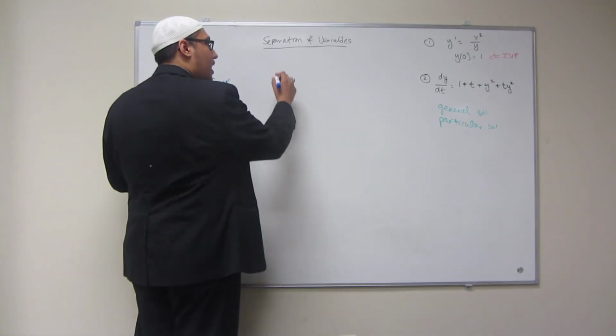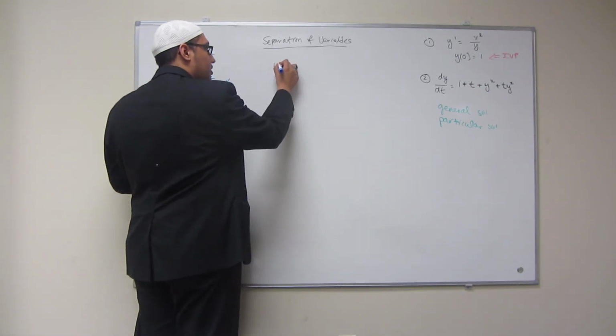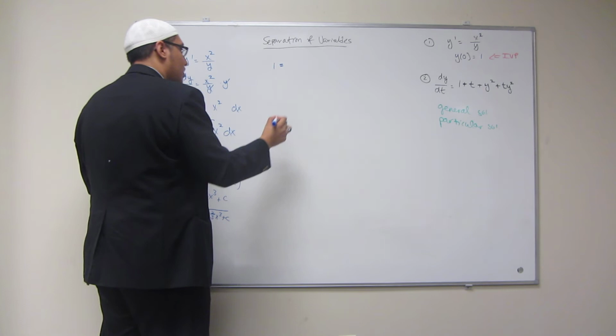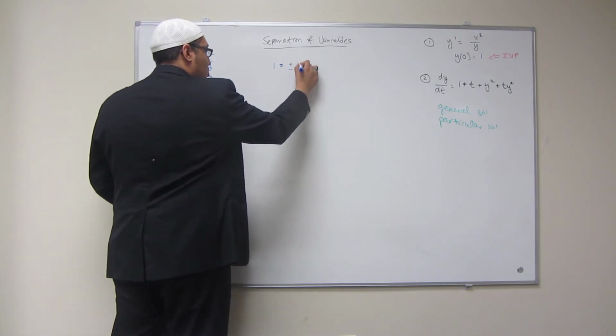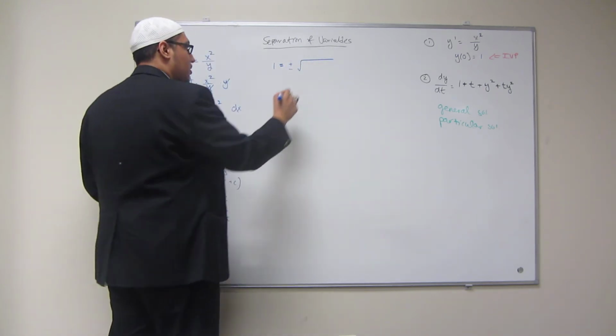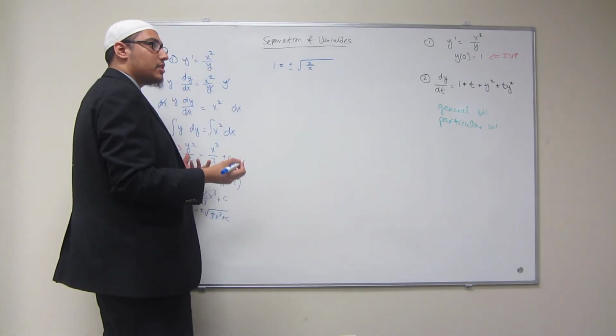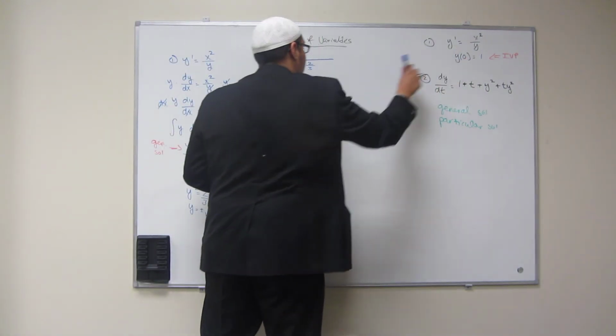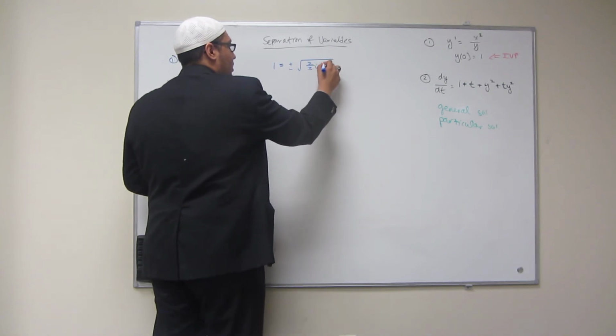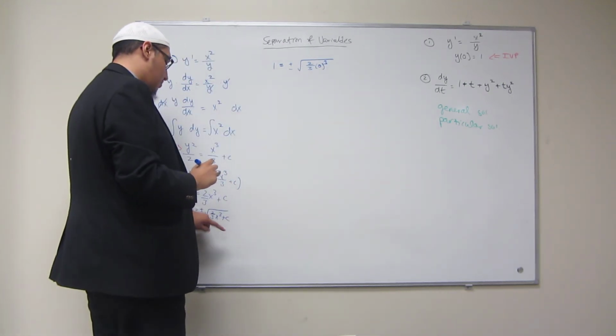So in other words, we have y is equal to 1 plus or minus the square root of 2/3 x cubed. X is simply 0 from here, 0 cubed, plus c.